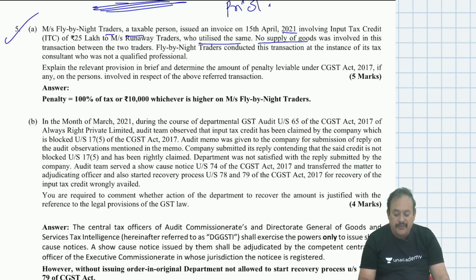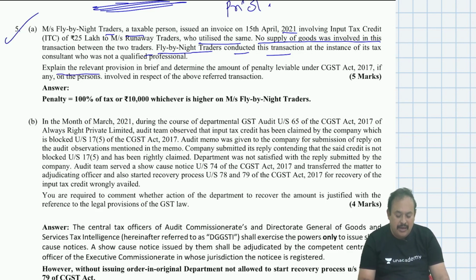No supply of goods was involved in this transaction between the two traders. Fly by night traders conducted this transaction at the instance of its tax consultant, who was not a qualified professional.